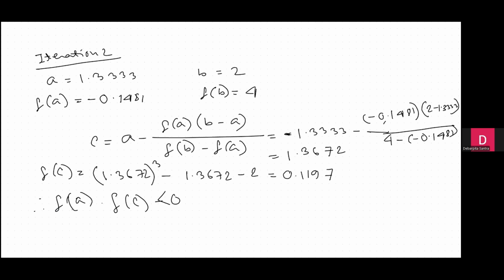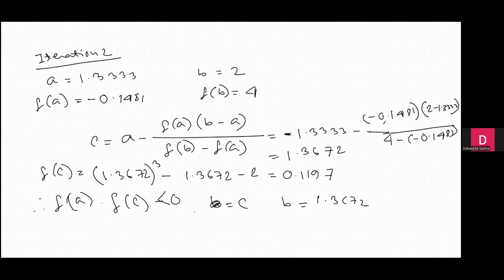So obviously f of A into f of C is negative, that means less than 0. So we update B as C. So our new B will be our value of C, that means 1.3672.